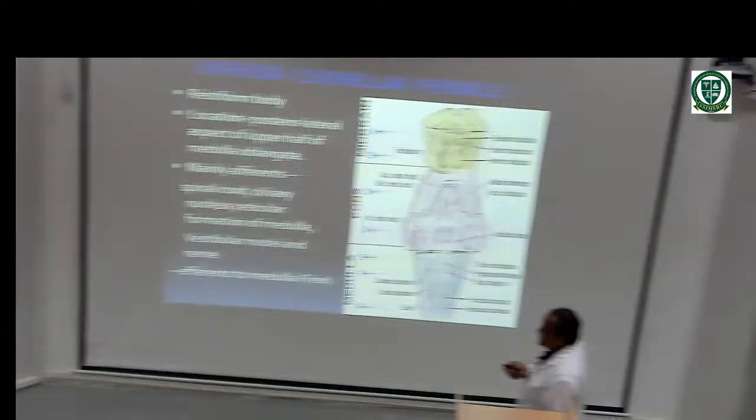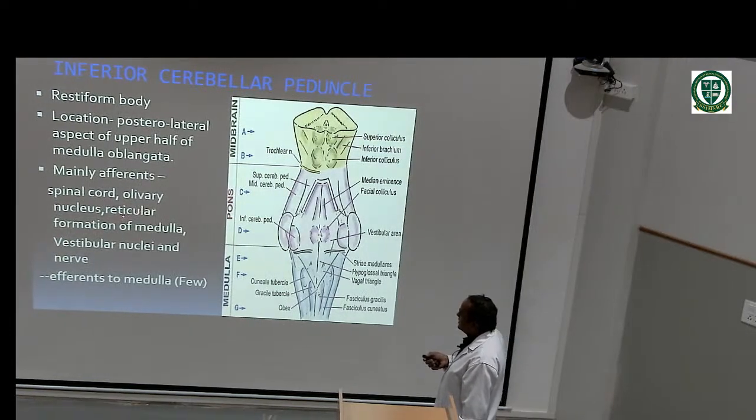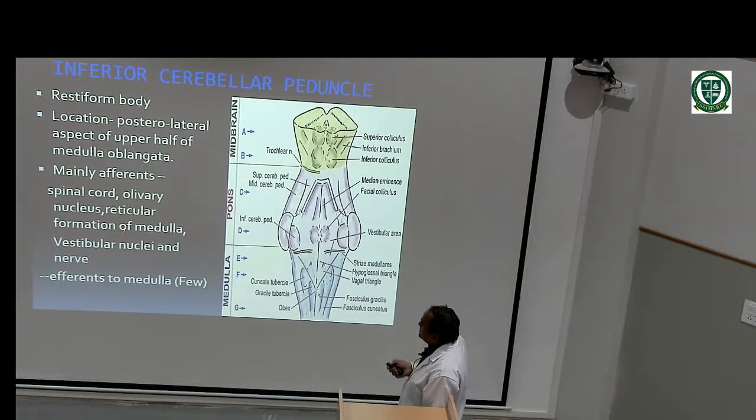They also arise from the olivary nucleus. Already we studied the olivary nucleus. From there, the fibers will go to the cerebellum, and next the reticular formation of the medulla oblongata. From all these parts, the afferent fibers will enter into the cerebellum, as well as from the vestibular nuclei and nerve, through the inferior cerebellar peduncle.